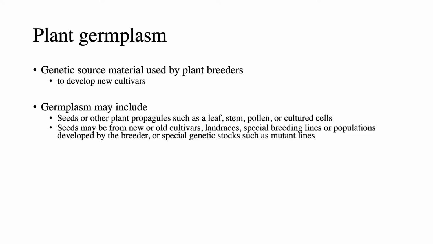The seeds may be from new or old cultivars, from obsolete cultivars, we can say from land races, and it can be from special breeding lines or populations which are developed by the breeders or from the special genetic stocks such as mutant lines.